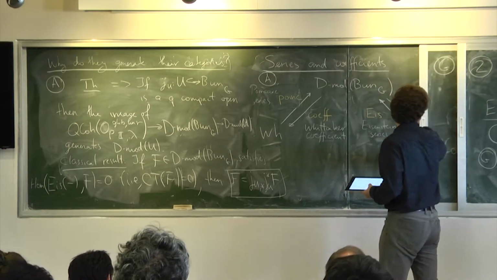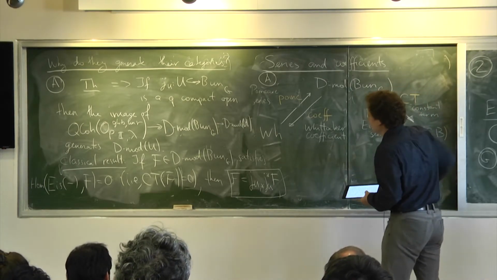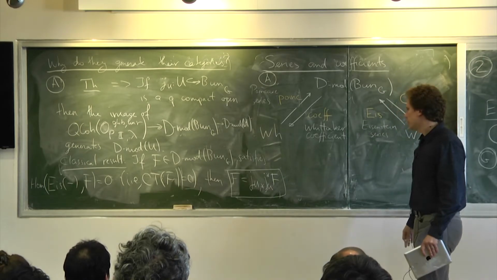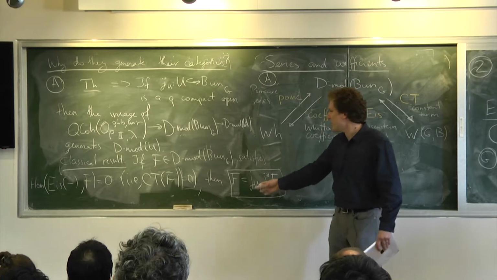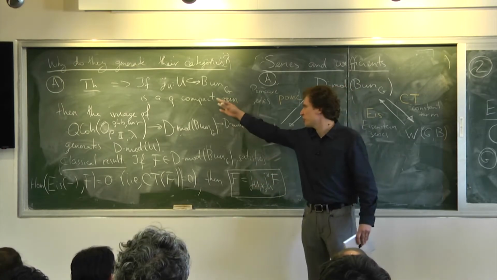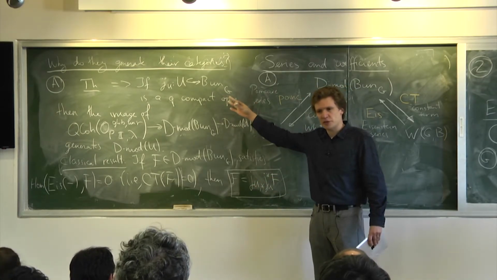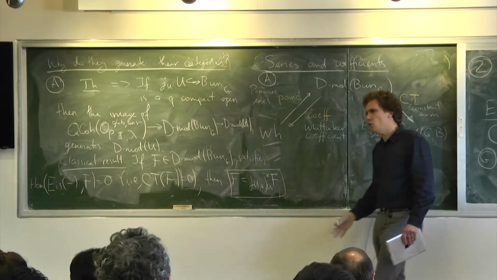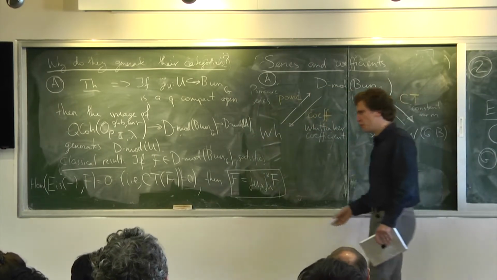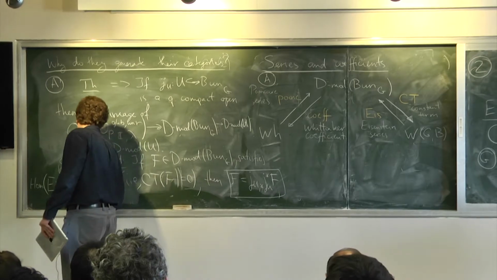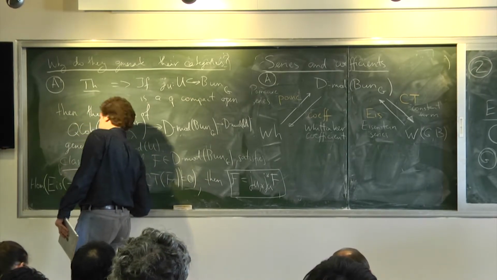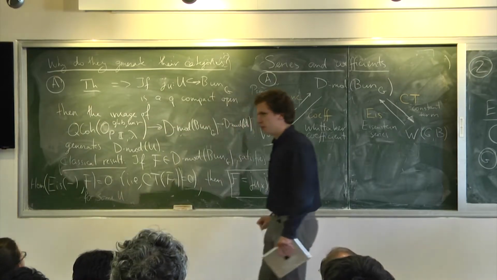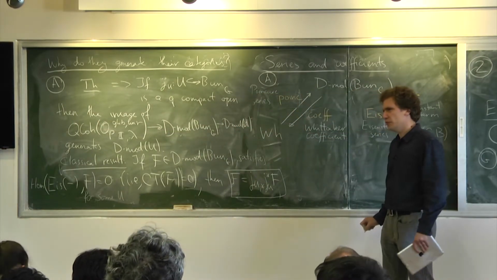No, I need this. So, well, I just said it. This happens for some U that's essentially quasi-compact. It's quasi-compact on every connected component. And there's some particular U. I mean, you can choose some particular U.